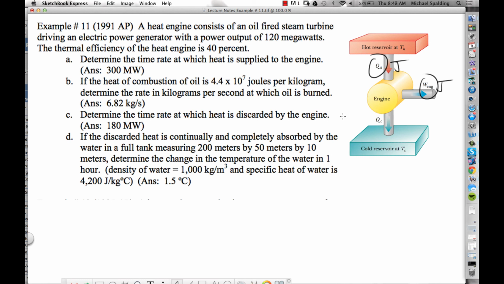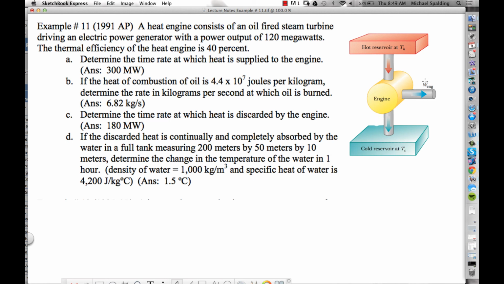Power is watts. The basic definition for power, you could say that power is work per time, or you could say power is energy per time. And heat is a form of energy, so you could say Q over T. That'd be power. All right, so on this diagram, just so it makes sense, let's erase the Q's and the W. So we're not expressing things in terms of joules.